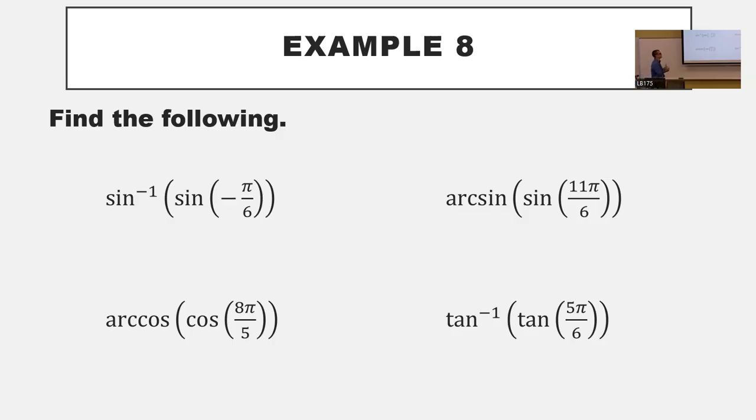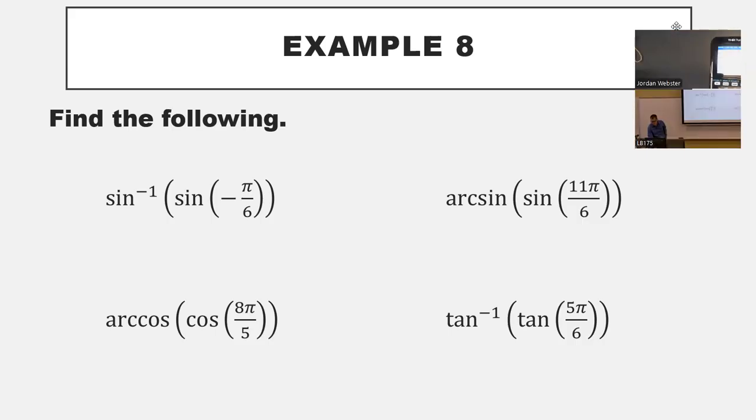However, on the second one, where we have arc sine of sine of 11 pi over 6, 11 pi over 6 is not between negative pi over 2 and positive pi over 2. So that one is not going to come back as 11 pi over 6. I will hit that with my calculator and show you what's going on.